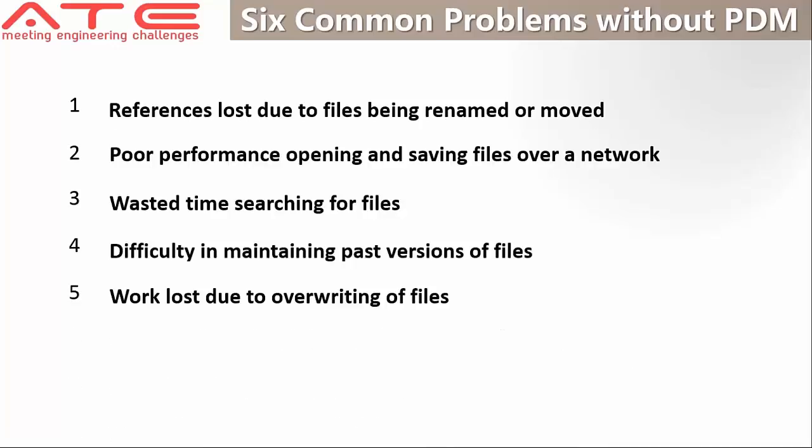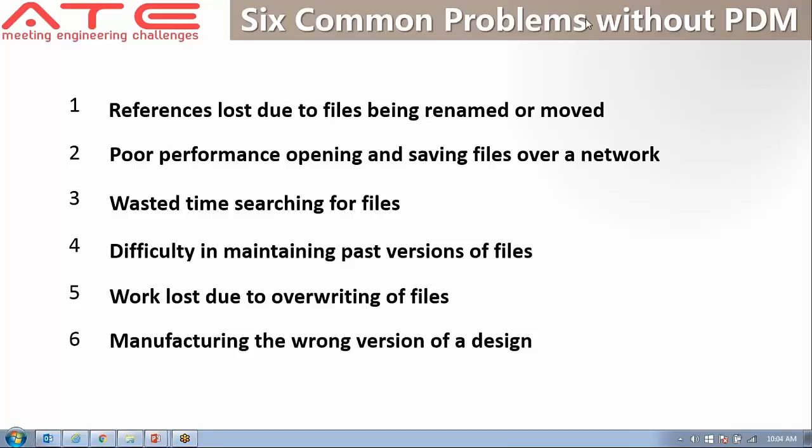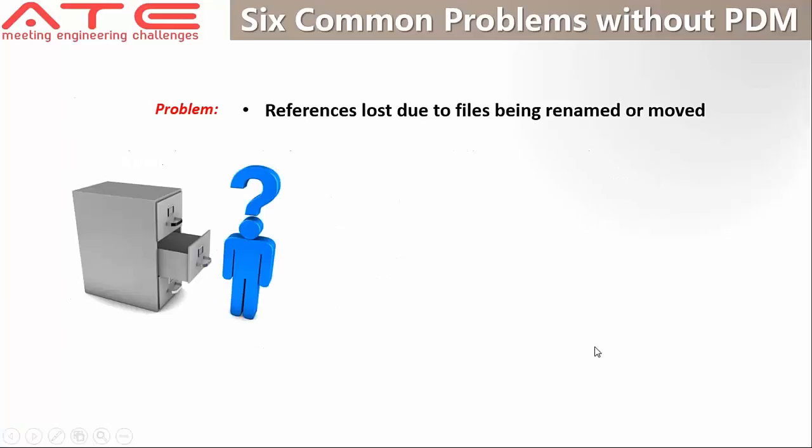It's like reference loss due to file being renamed or moved, poor performance over working on network or saving files over network, wasting time when searching files, difficulty in maintaining past versions, work loss due to overwriting of files, and manufacturing the wrong version of the design. So let's go further in detail to see what these common issues can do.